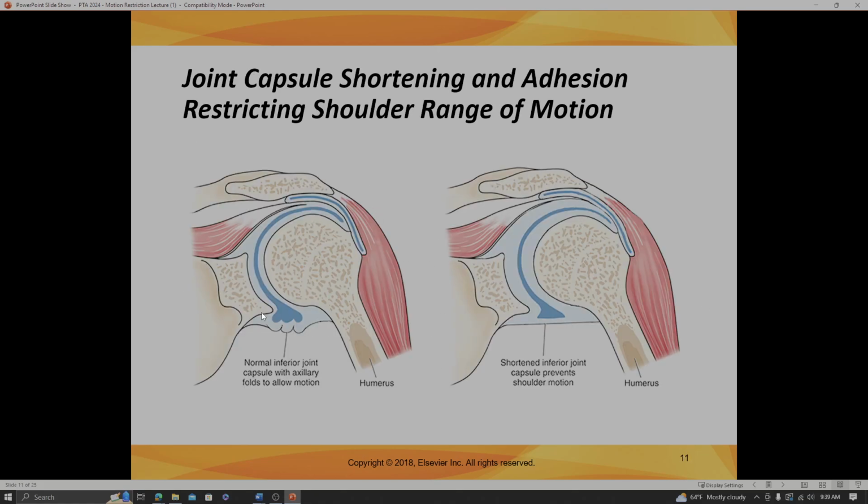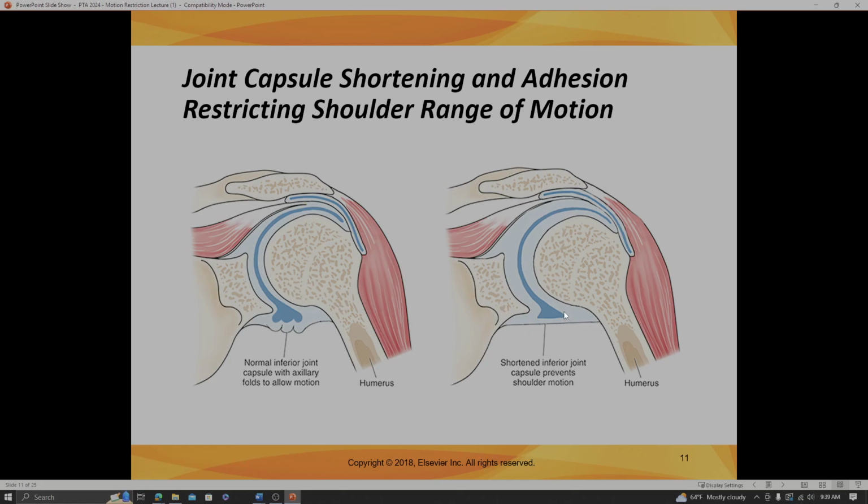So here you go. Here's a joint capsule, right? In this example, we talked about the axillary folds, how they unwind like an accordion to allow for the mobility necessary from the inferior component to give that range of motion, that freedom of mobility to the head of the humerus to be able to roll and slide in a direction that will create flexion or overhead activities.